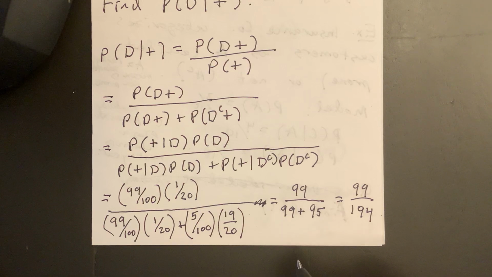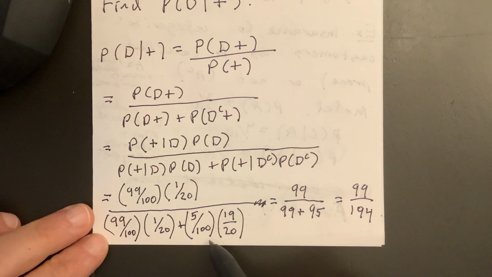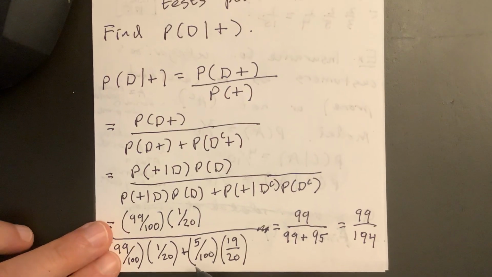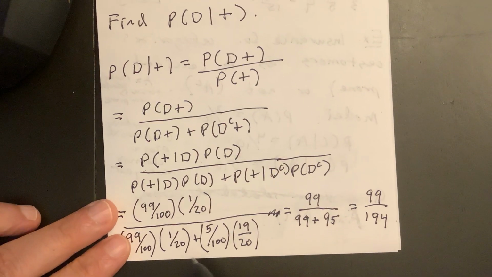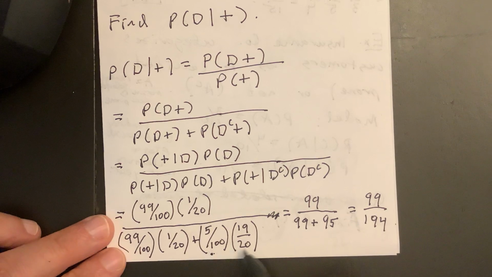So this is one of the perils of random testing. It's like the insurance company problem. It's due to the fact that most people in the population don't have the disease, right? It's this term. Sorry, why is this 5? Yeah, sorry, it's this term, the 19 out of 20 is pretty big.